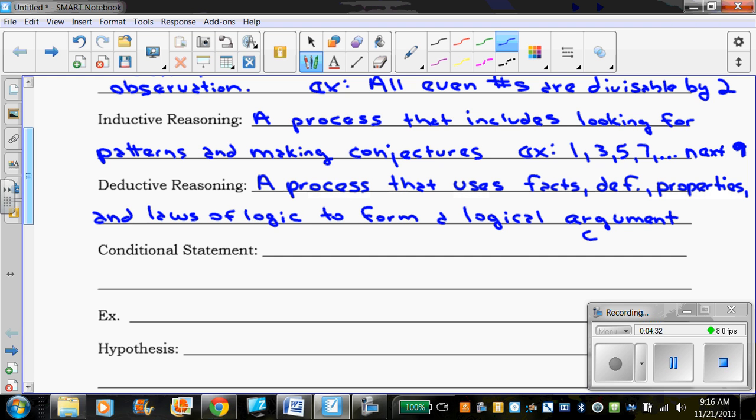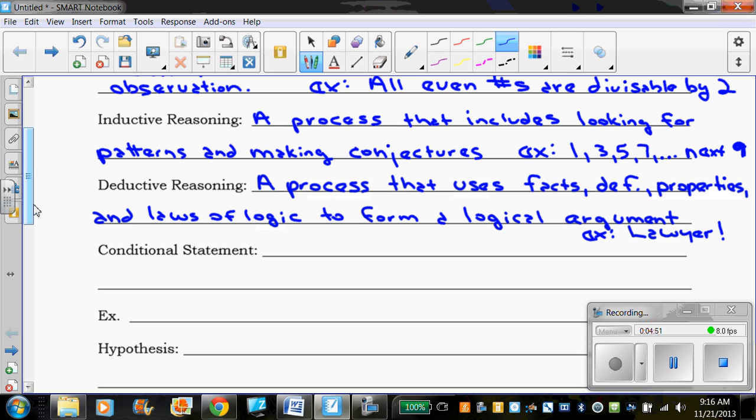And my example, I'm just going to say, is a lawyer. And of course, there's many jobs that involve deductive reasoning, including mathematicians, but scientists use deductive reasoning, and so on.